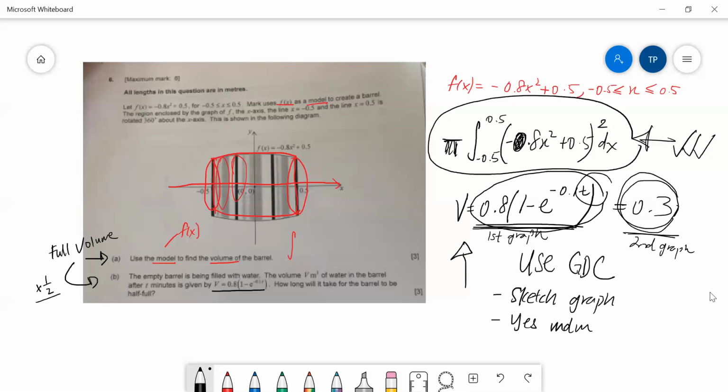This is the equation for volume. When you plot it, it shows for every value of t how the volume, which is the y value, changes. So you want the x value, the t value, for which V is 0.3. Ah, okay.